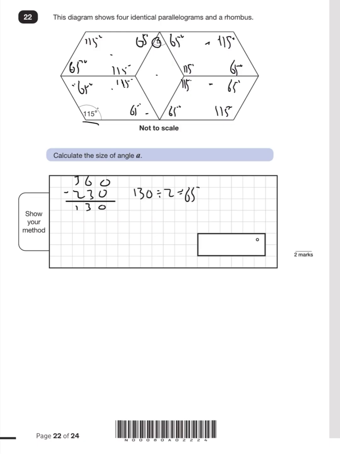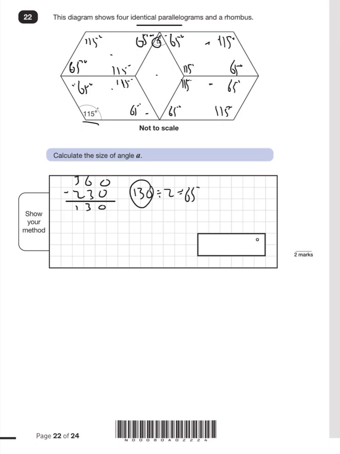Okay, now we've got a straight line here, and we've got 2 of the 3 angles, and the straight line makes 180. So we've got 65 and 65, 2 65s. Well, we just did 130 divided by 2 to get 65, so it's going the other way around. Will get us back to 130.